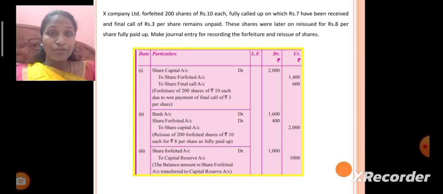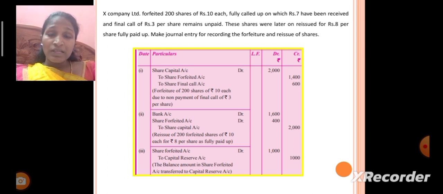It is the fully reissue model at a face value of rupees 10, so share capital is rupees 2000. In bank, the company has reissued at rupees 8, so 200 into rupees 8, 1600. The balance, 400, is transferred to share forfeited.